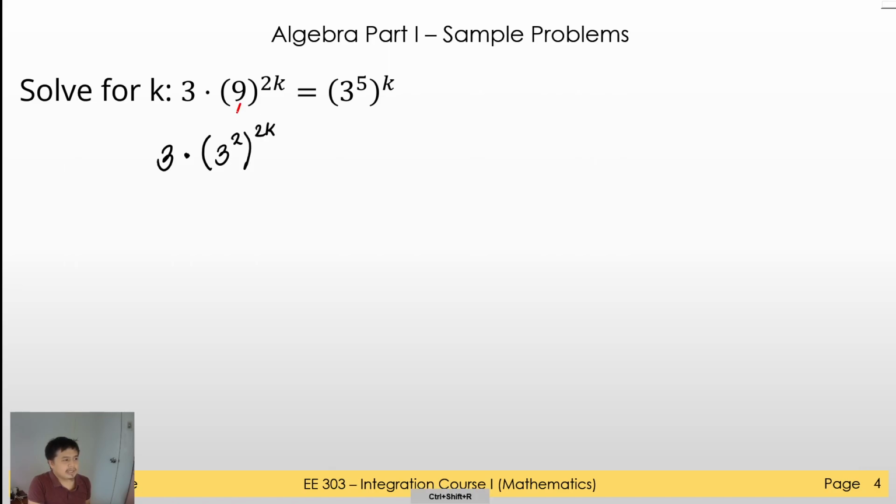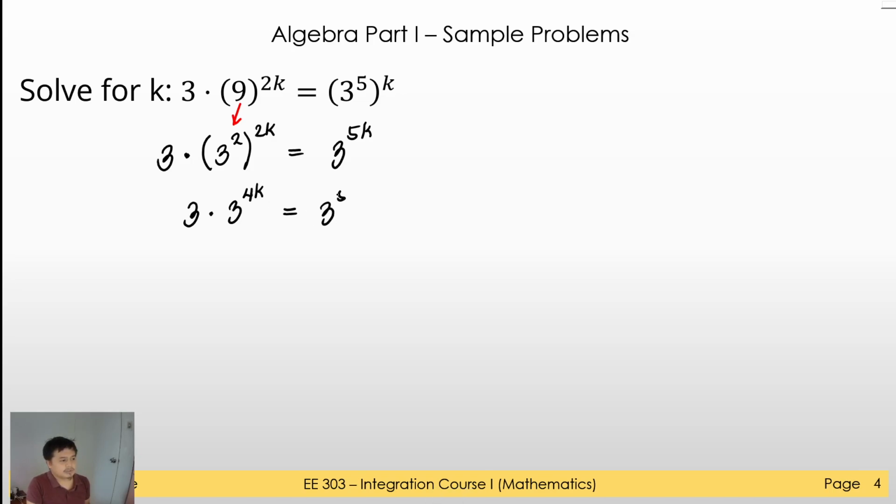So, 9 is equal to 3 squared. We have a property of exponents wherein we can multiply this 2. So we have 3 raised to 2k, and then we can simplify this one. So we have 3 raised to 4k. So 2 times 2k is 4k.